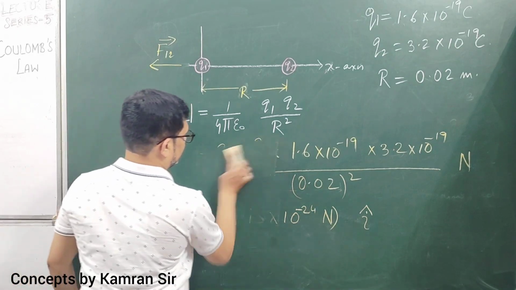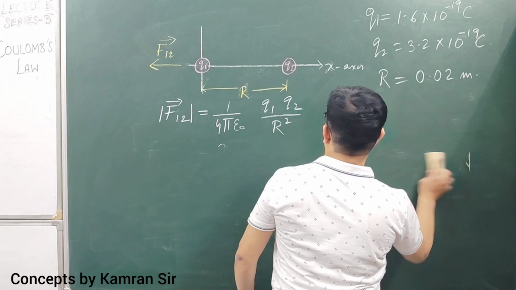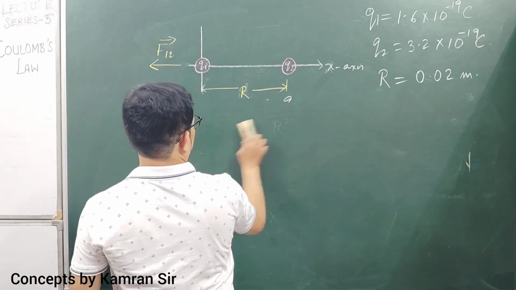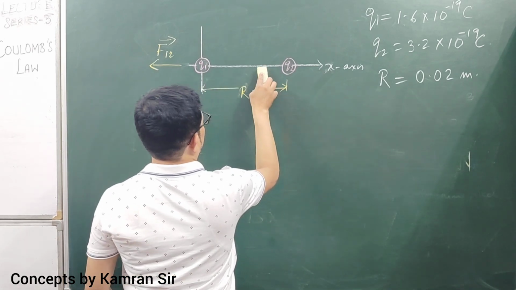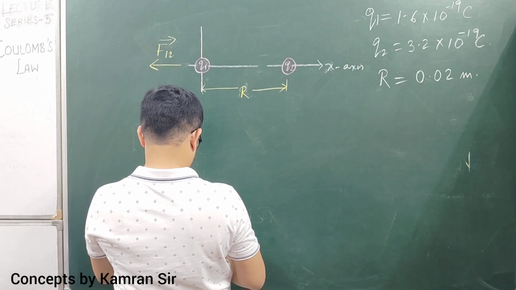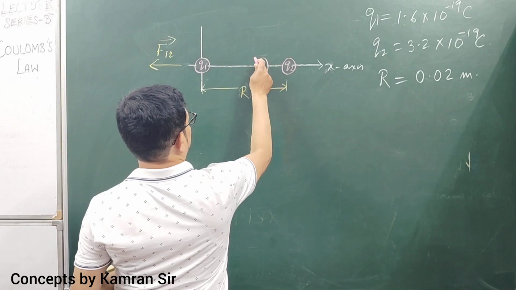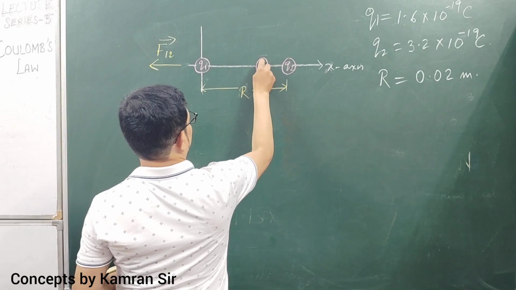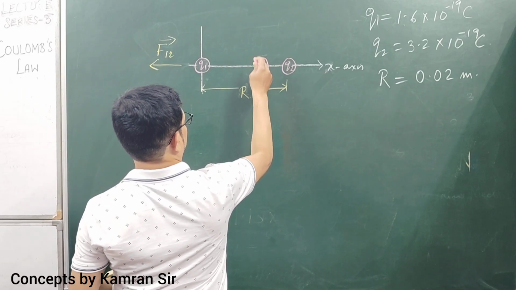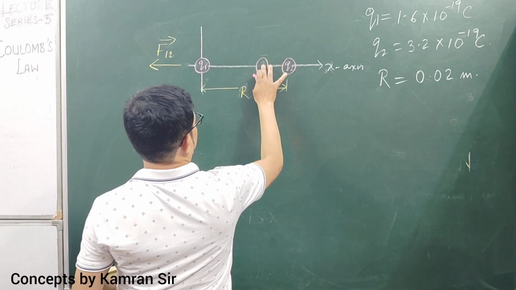So let us take situation 1. Situation 1 is when you have another charge placed somewhere here. Suppose I place Q3 here, and this is negative Q3. We'll write the value there later on.